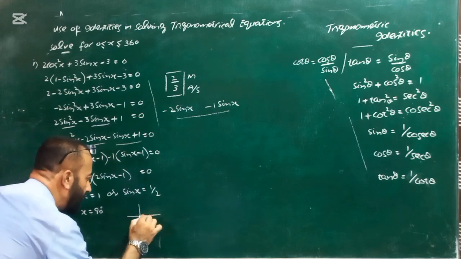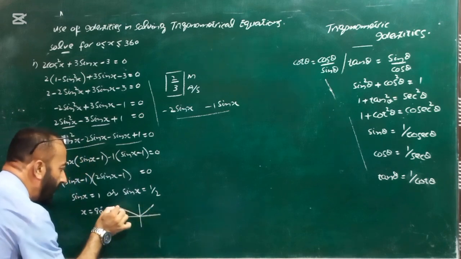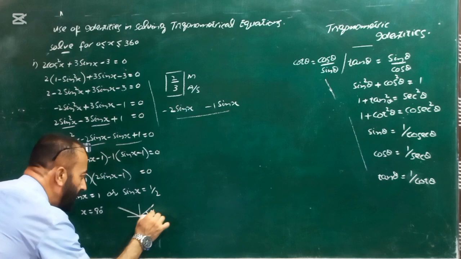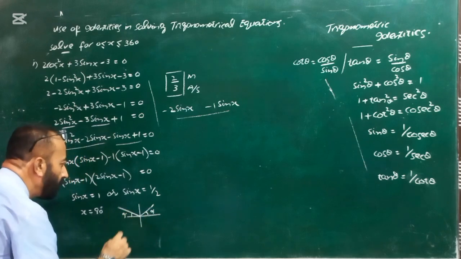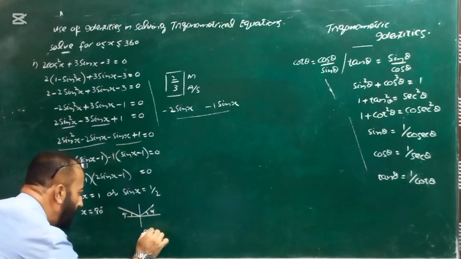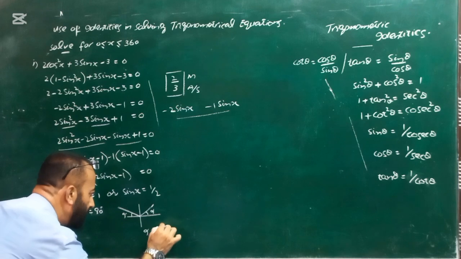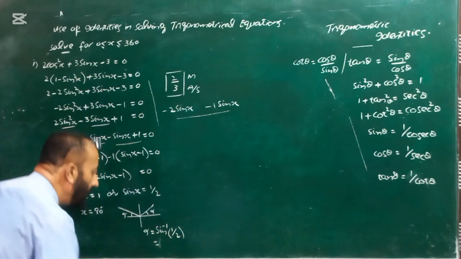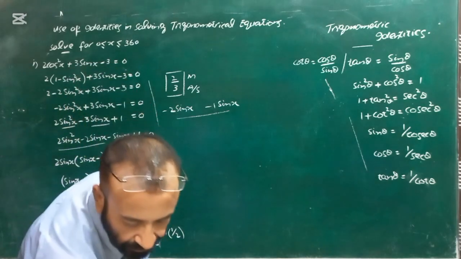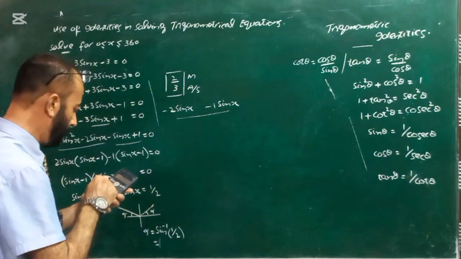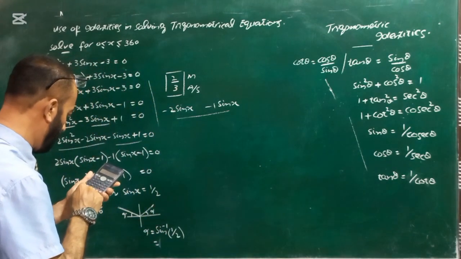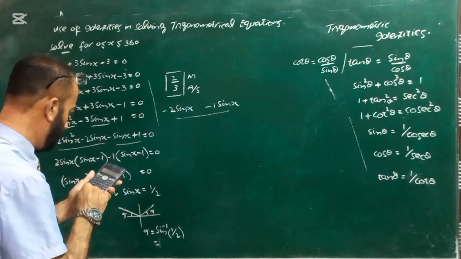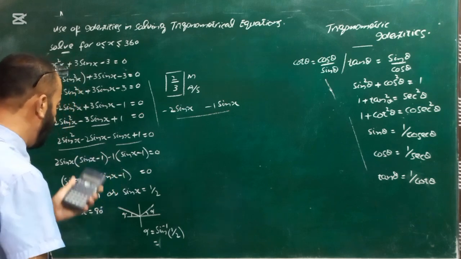It means first and second quadrant will be there. Here is alpha, here is alpha. Okay, alpha is equal to sine inverse 1 by 2. And sine inverse 1 by 2 is 30 degree.